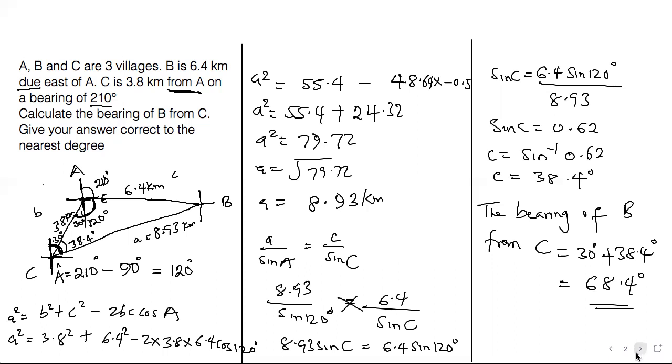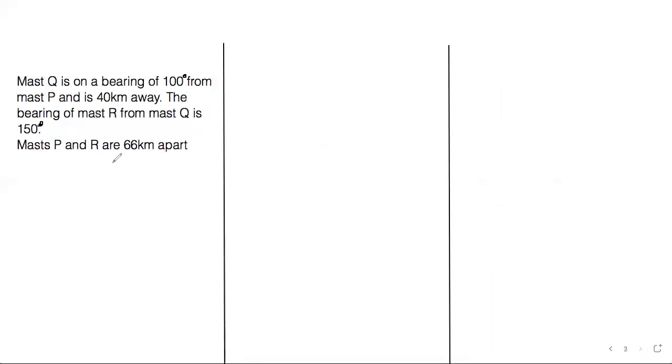So let's look at another example. Mast Q is on a bearing of 100 degrees from mast P and is 40 kilometers away. The bearing of mast R from mast Q is 150 degrees.